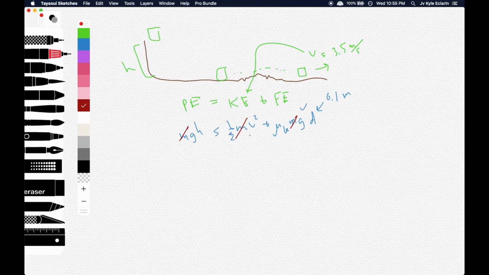And then, do we know height? No, that's what we're looking for. Do we know V? Yes, we do. It's 3.5. So basically, all we have to do to find height is take 1/2 v squared plus mu k times gravity times the distance, divide it by gravity, and that will give us the answer.